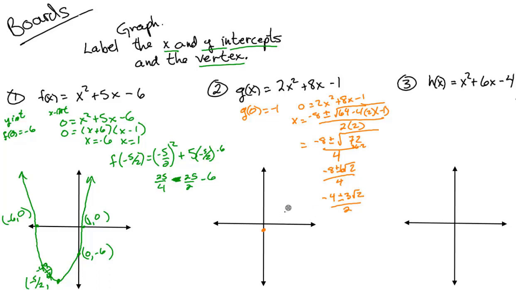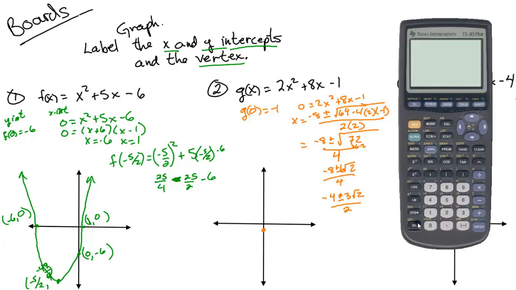Okay, let's stop right there. If we were to punch these in the calculator, we would have negative 4 plus 3 square roots of 2. Okay, let's plug it in the calculator. Negative 4 minus 3 square roots of 2, and divide that whole thing by 2.